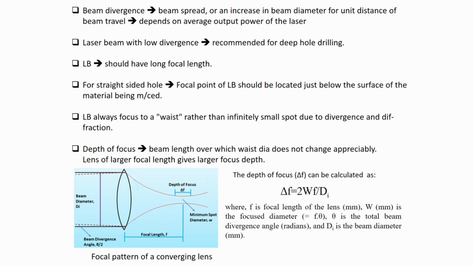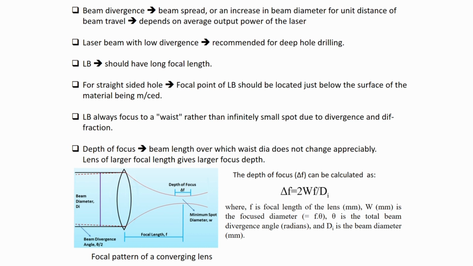A laser beam with low divergence is recommended for deep hole drilling operations, and a beam with high focal length is preferable. For straight-sided holes, the focal point of the laser beam should be kept just below the surface of the workpiece to be machined.